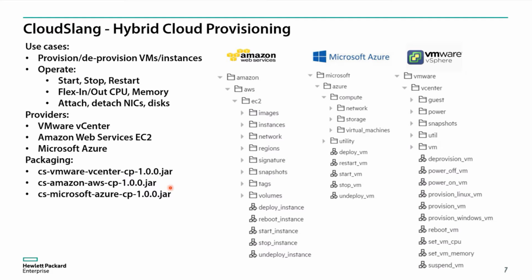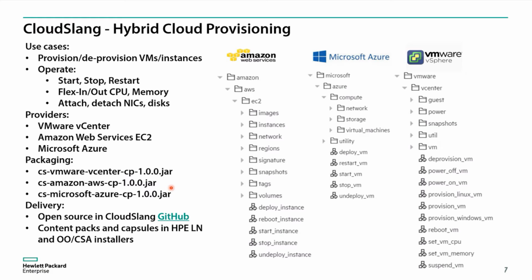When you jump to the marketplace to the HPLN, you'll see different versions. But anyway, as I mentioned, it's semantic versioning. I think for vCenter, the released one is 1.0.2 and the other ones are 1.0.1. Okay, again, open sourcing CloudSlang and content packs for those two, as we already mentioned.